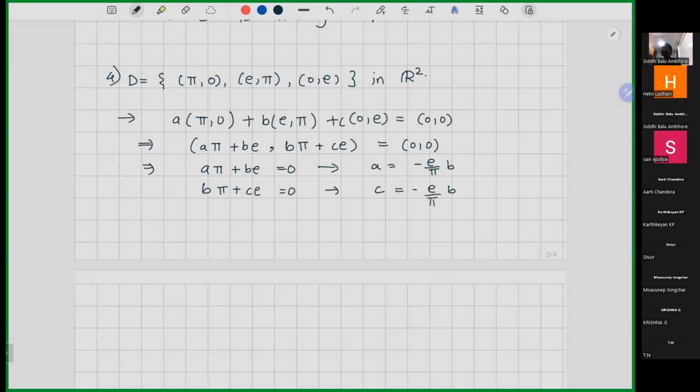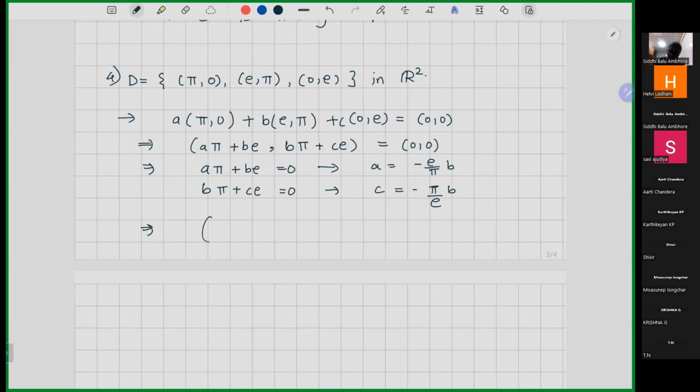Is it correct, or am I making some mistake here? Can somebody tell me?